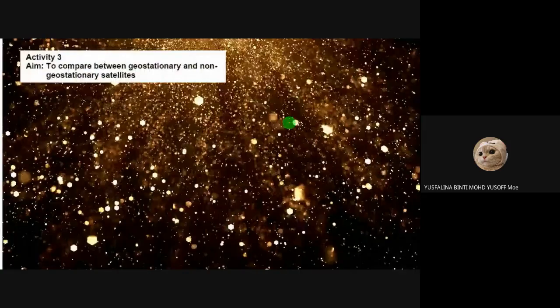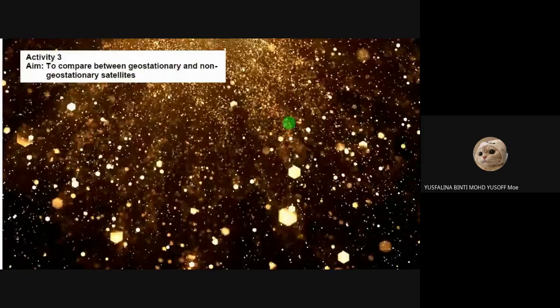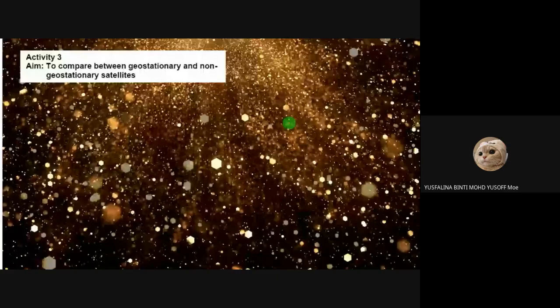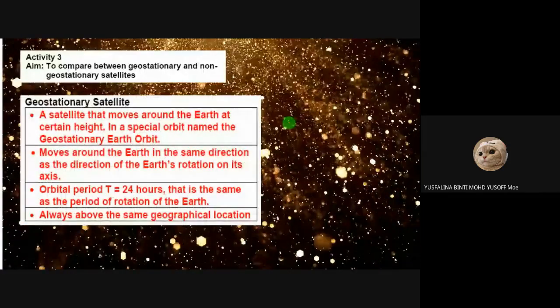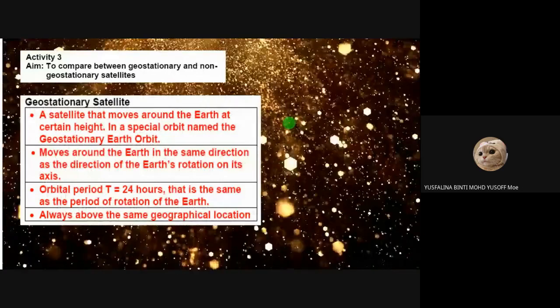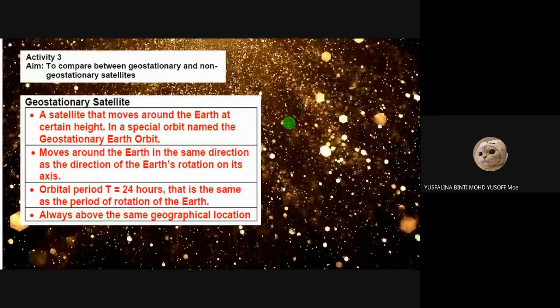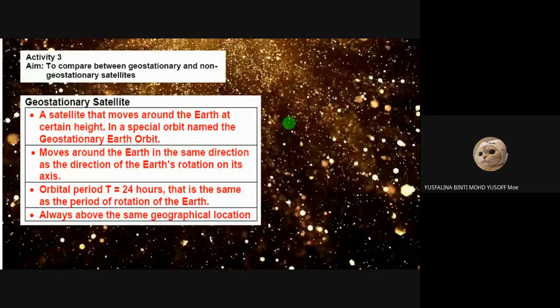So for activity 3, you have to compare between the geostationary and non-geostationary satellite. For the geostationary satellite, it is a satellite that moves around the Earth at a certain height. So this means it has a constant value.